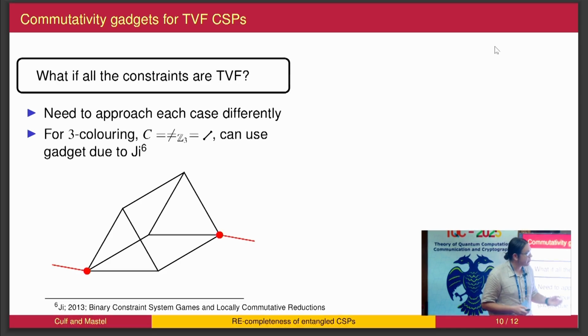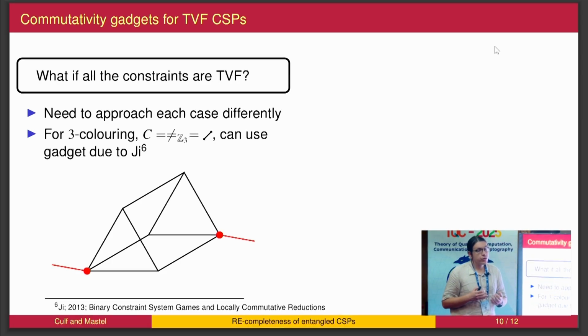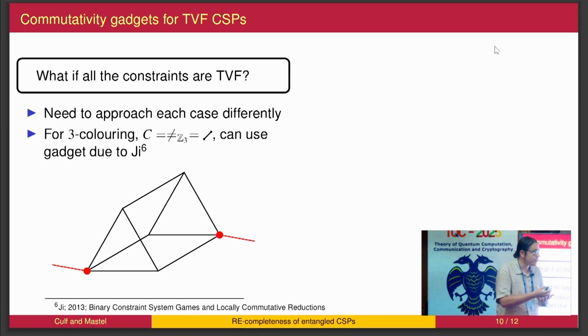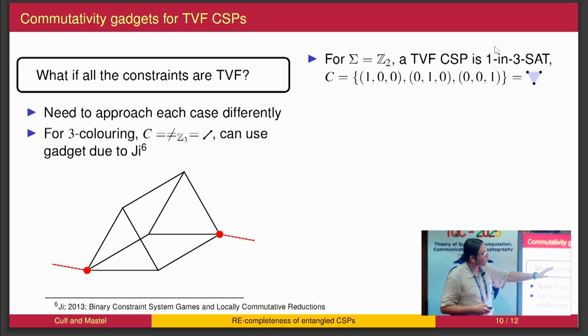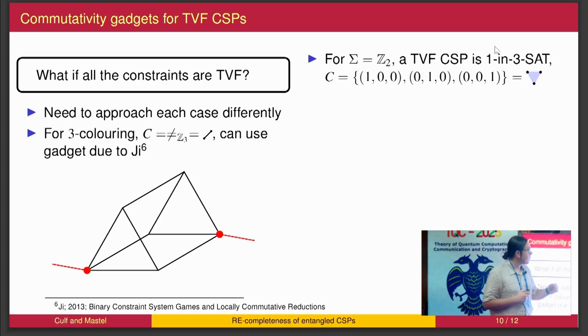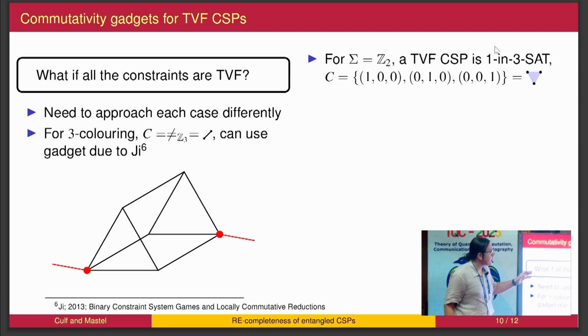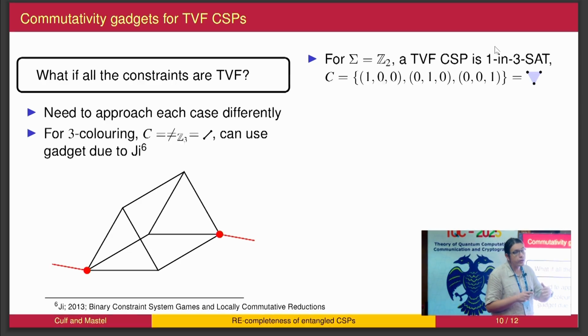Another construction that we make use of in order to fill in the rest of the Boolean CSPs is this construction of the 1-in-3-SAT commutativity gadget. So 1-in-3-SAT is the Boolean CSP on 3 variables, where the 3 variables are constrained to have only one of them be 1, and the rest of them have to be 0.